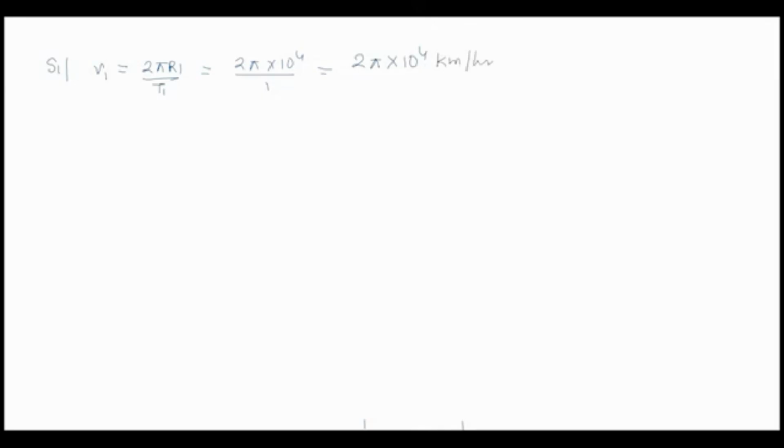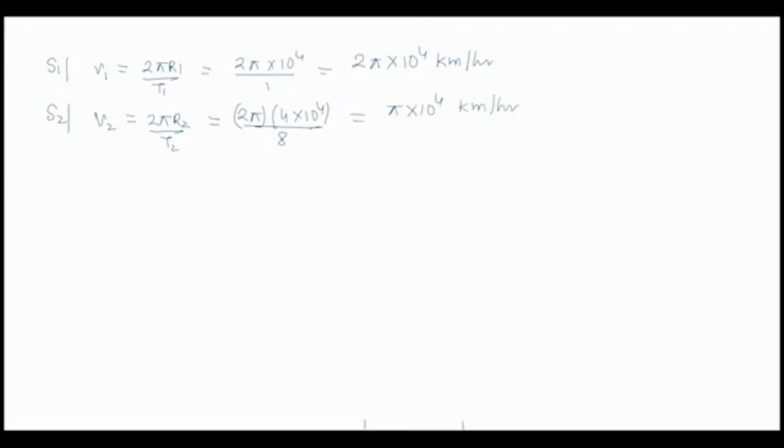Now if we calculate for satellite S2, V2 is 2 pi r2 by T2. We can write it as 2 pi into 4 into 10 to the power 4 upon 8, so we obtain pi into 10 to the power 4 kilometer per hour.